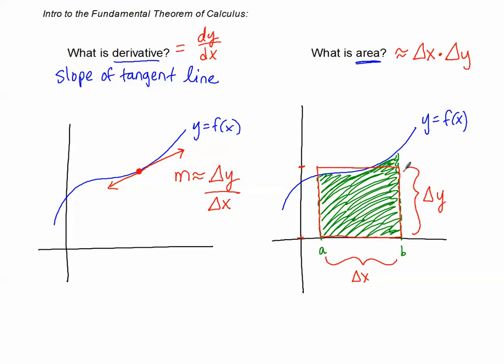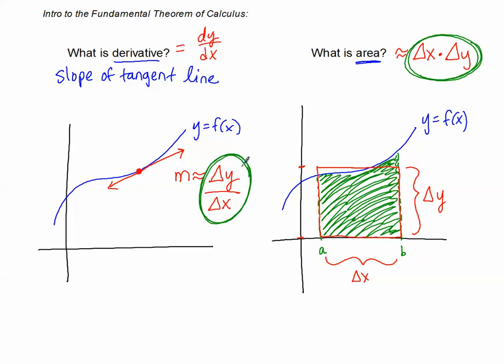So notice these two scenarios side by side. We've done a lot with derivatives, the slope of the tangent line, and it looks like dy over dx, or the change in y over the change in x, versus when we did area, which is the change in y times the change in x.